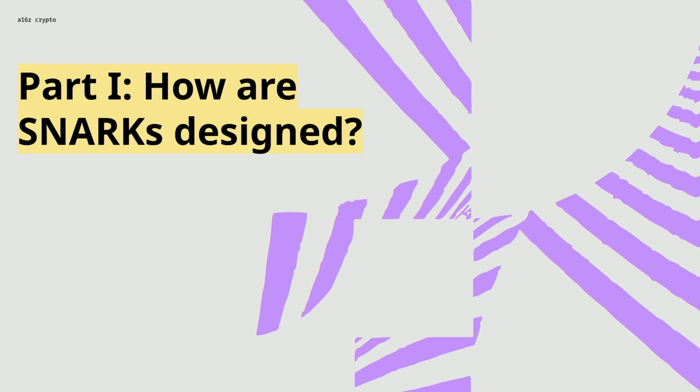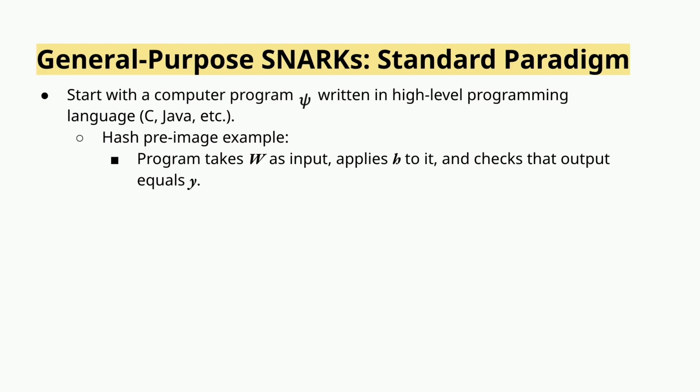Before I tell you about the tooling, I want to tell you how I like to think about SNARK design. And this is a little bit aspirational, because the tooling isn't quite there yet today. There's no fundamental thing keeping the tooling from achieving this, but aspirationally, we'd like a developer to start by writing a computer program in a high-level language, whatever they like, Rust, C, Python, who cares.